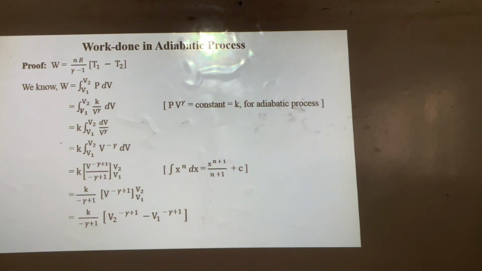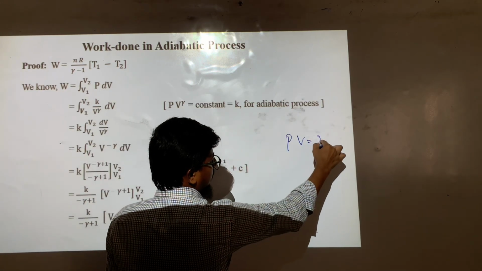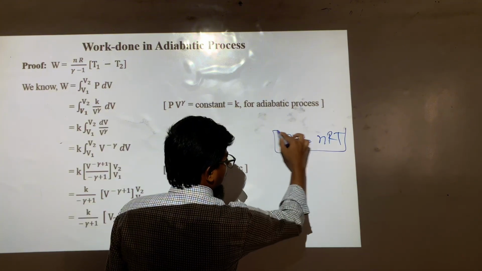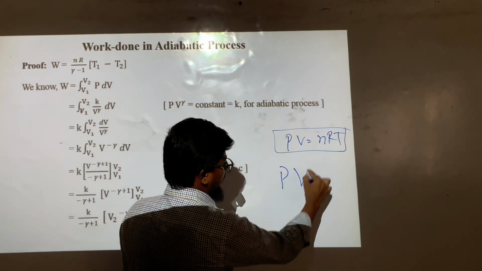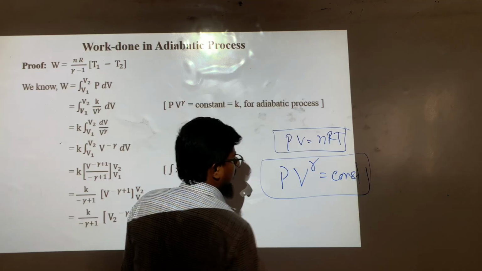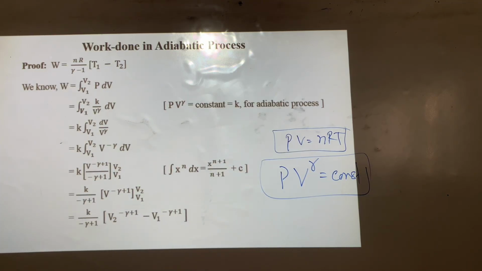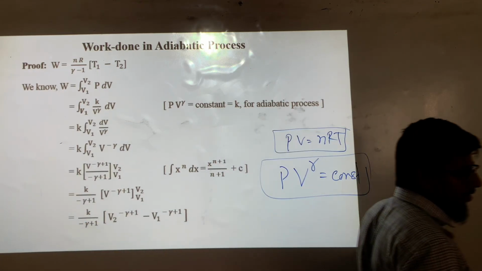In the earlier proof, we used PV is equal to nRT, right? Now we are going to use PV to the power gamma is equal to constant, and this is a relationship for an adiabatic system. An adiabatic system follows this equation.